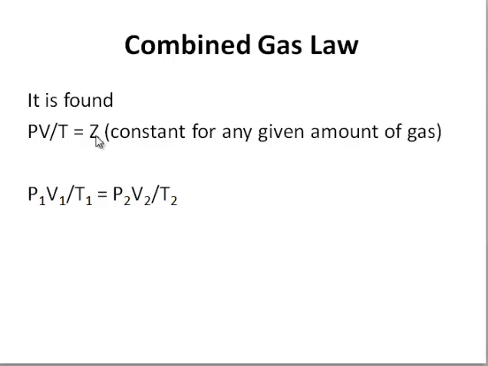I just call that constant C here. You could write this as P1V1 over T1 equals P2V2 over T2 in process form. And this is called the combined gas law.